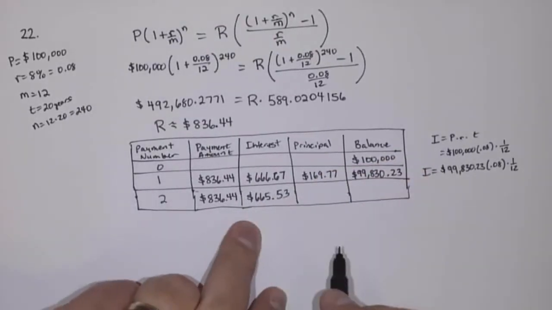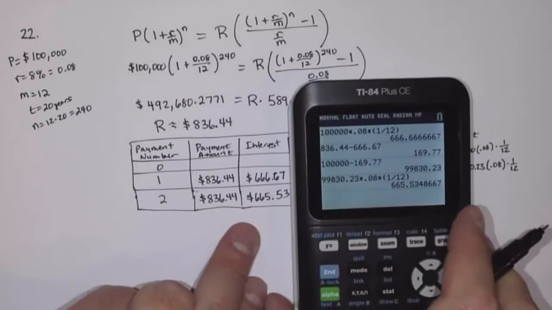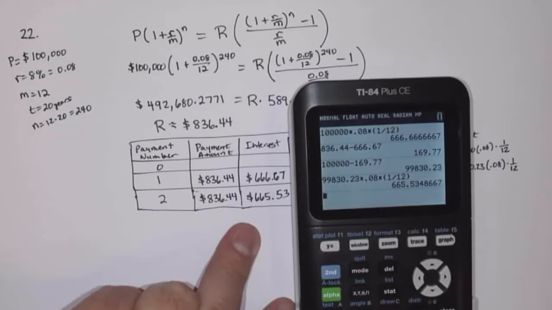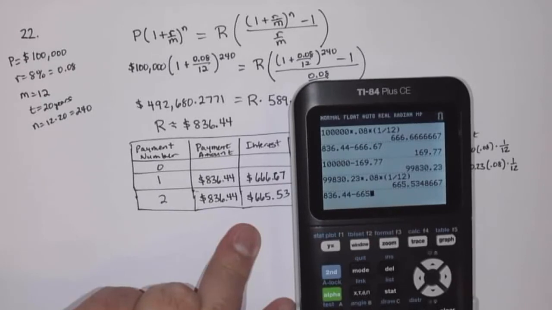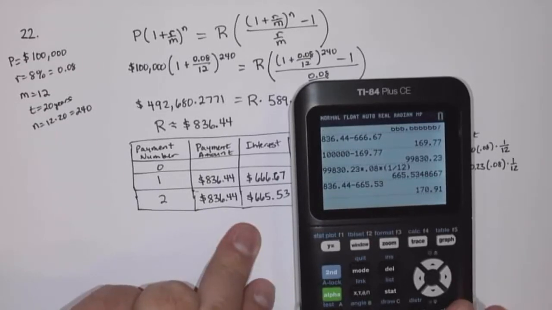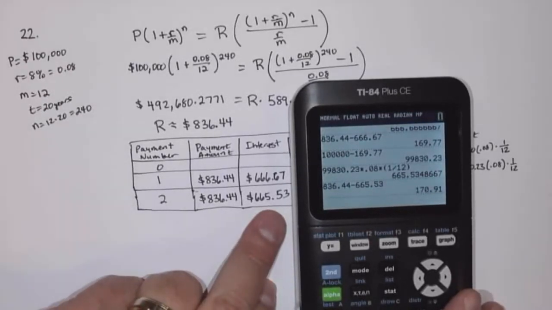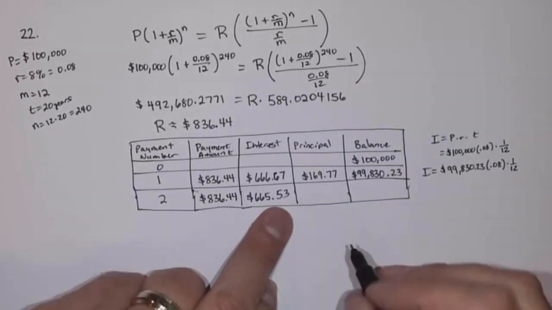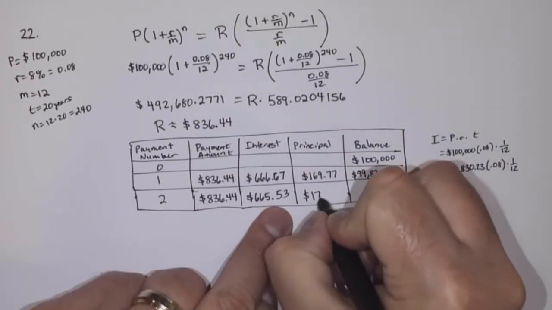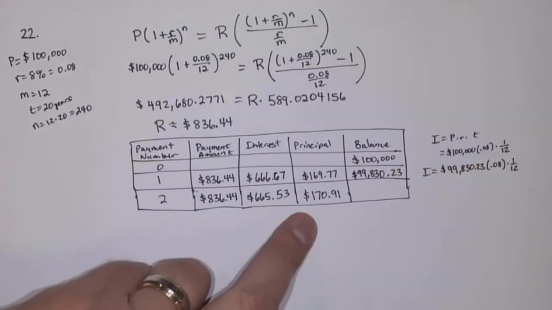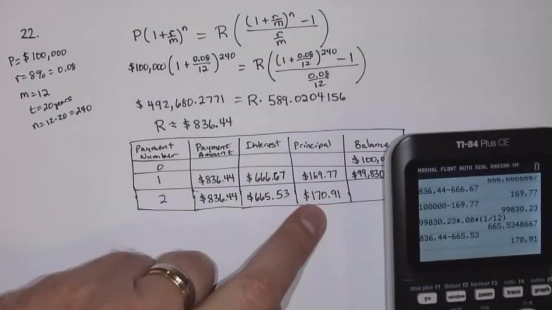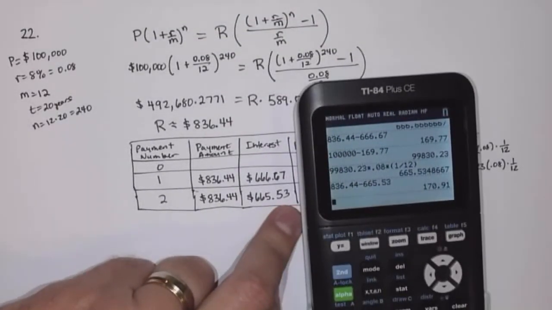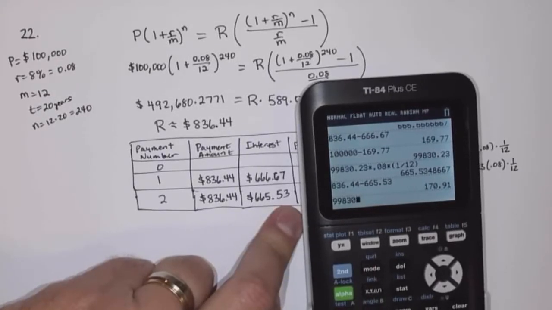So $665.53 of this payment goes towards the interest, which means that $836.44 minus $665.53, that means $170.91 goes towards the principal. So at that point, I'm still going to owe $99,830.23 minus the $170.91.